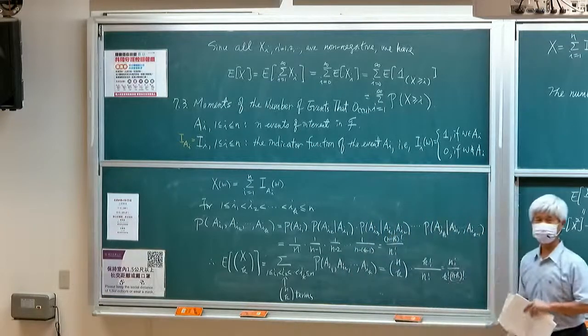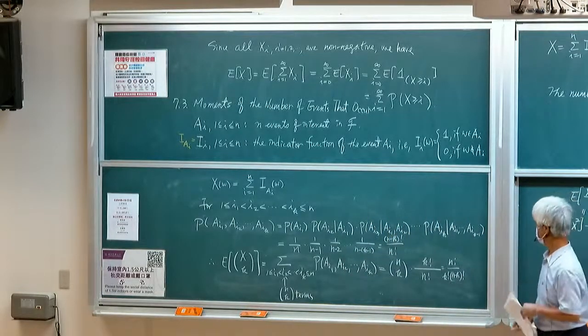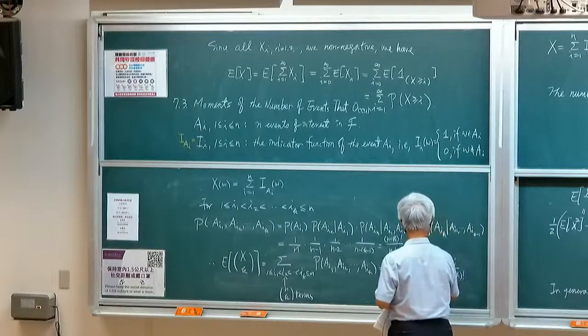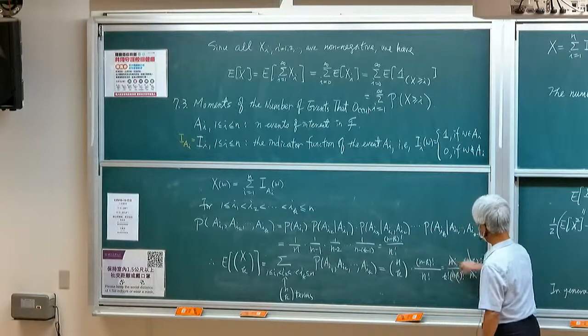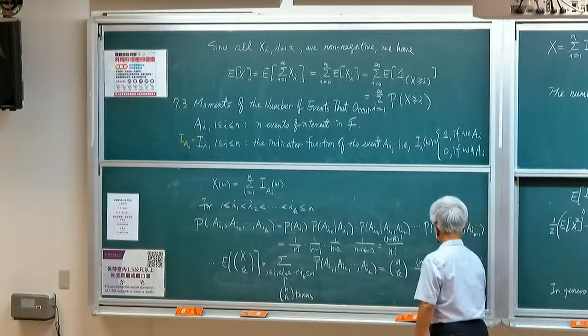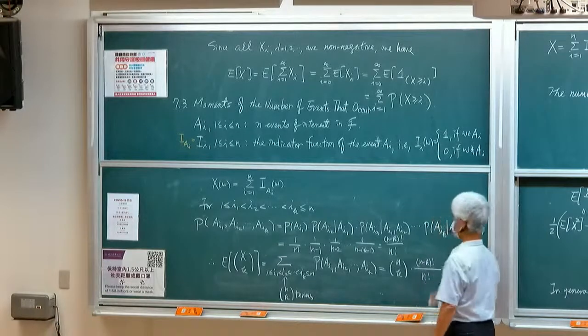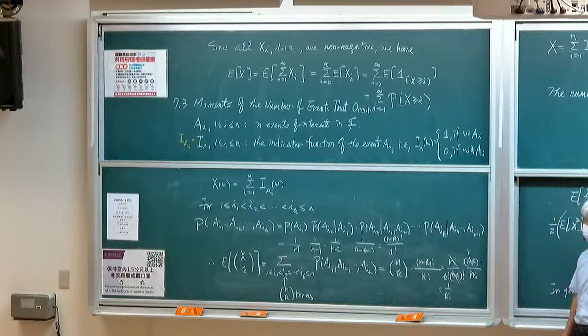I'm sorry. And here is n minus k factorial and factorial. So you cancel them. So this is 1 over k factorial.